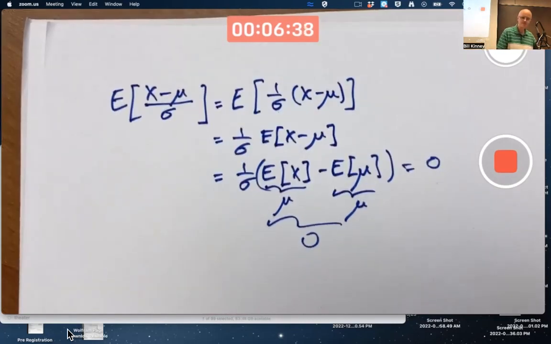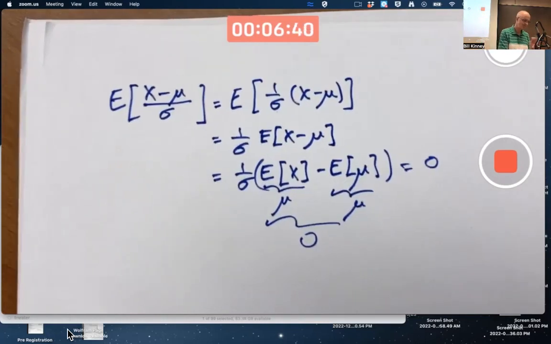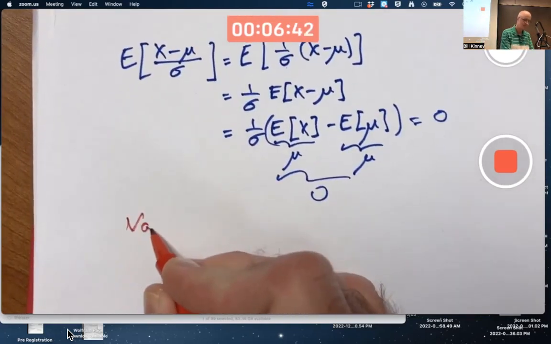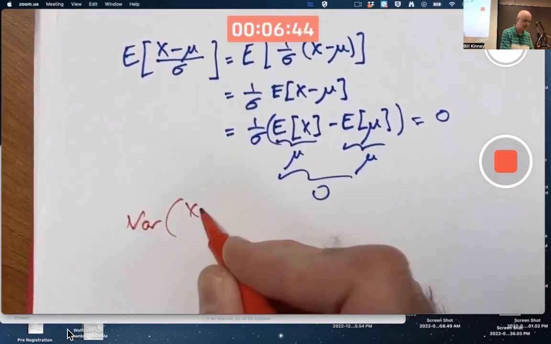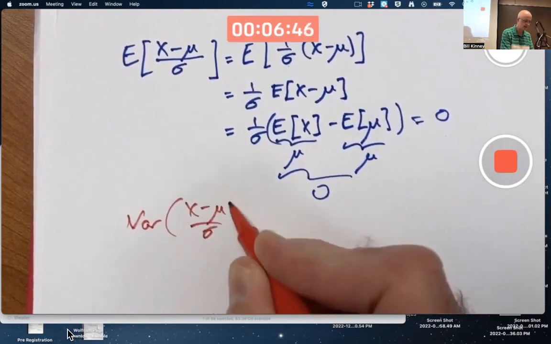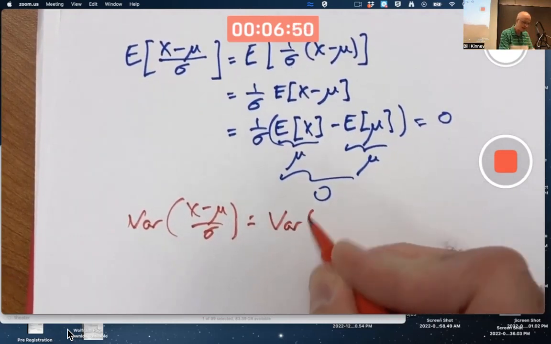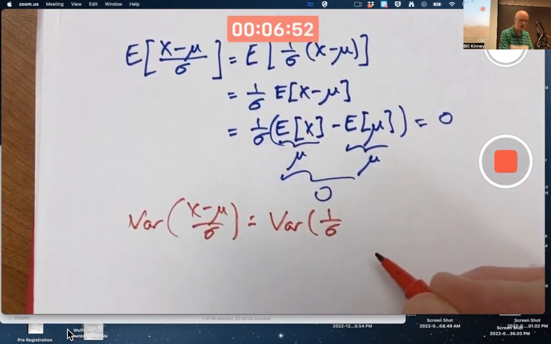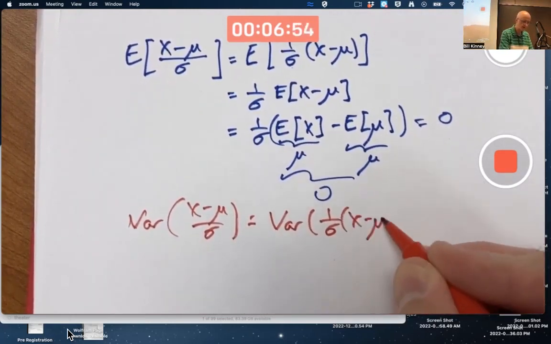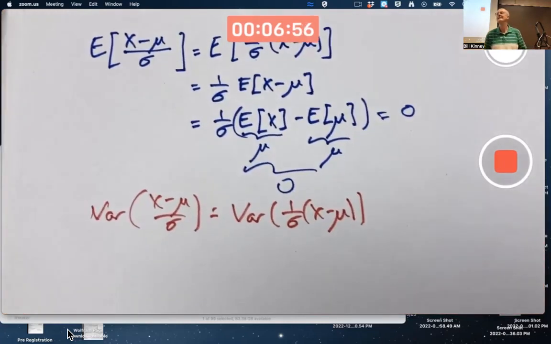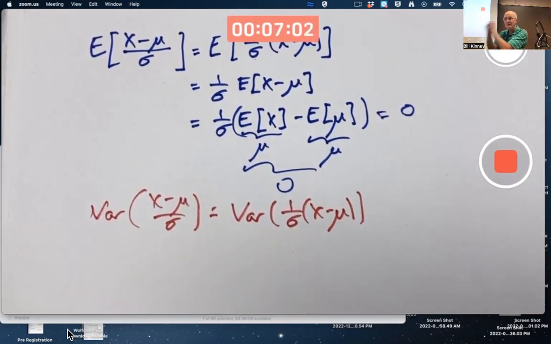How about the variance? Variance of x minus mu over sigma. Once again, dividing by sigma is the same as multiplying by 1 over sigma. With the variance, the constant multiple can be factored out as well, as long as you square it.